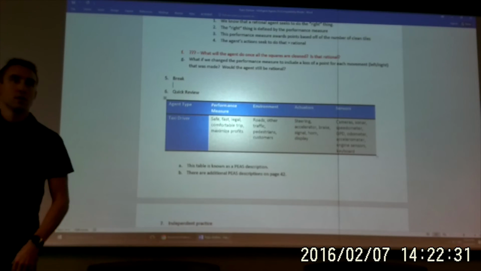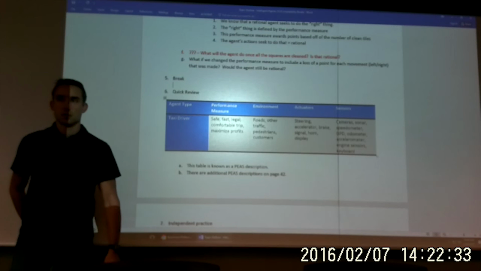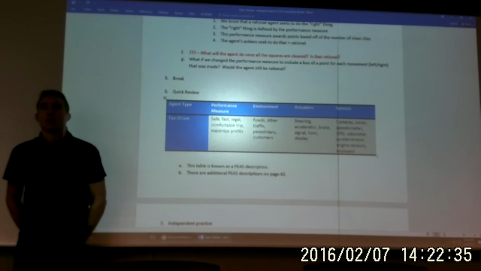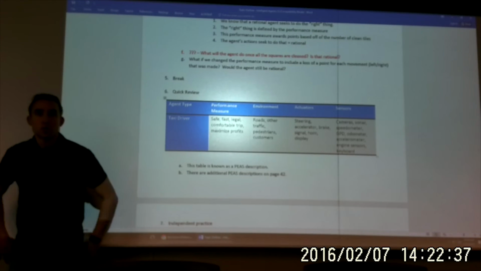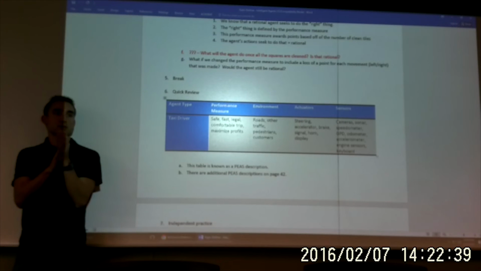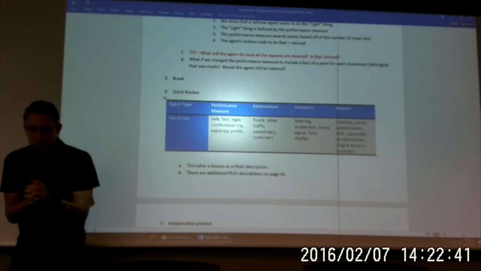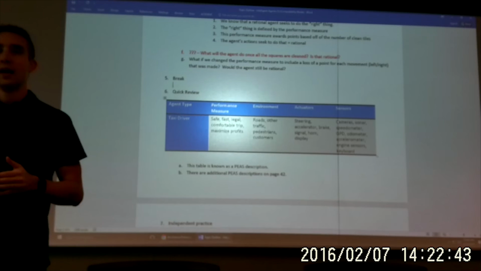So the big concepts I want you guys to take away from the first part is that chart, how agents interact with their environments. You guys need to know that agents perceive information from their environment through sensors.